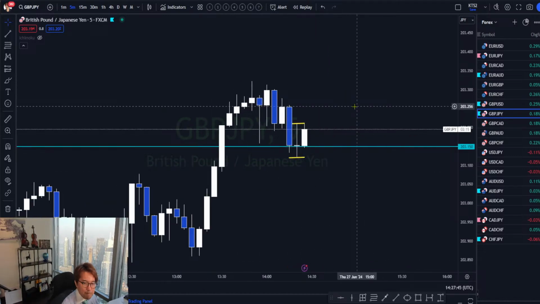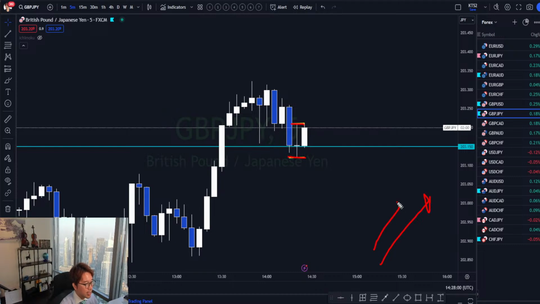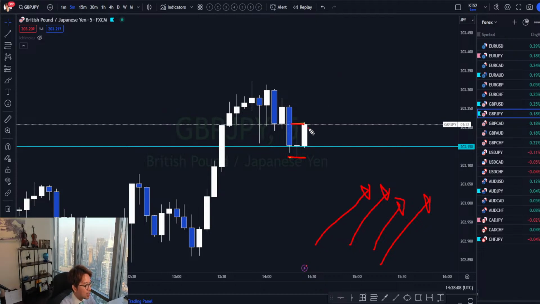This is, again, trade scenario on GBPJPY live. And now I'm waiting and see if the market breaks the doji bullish or not. Overall, monthly is bullish, weekly is bullish, and daily is also bullish. And 4 hour is also bullish. So from here, the market may take off bullish this way.